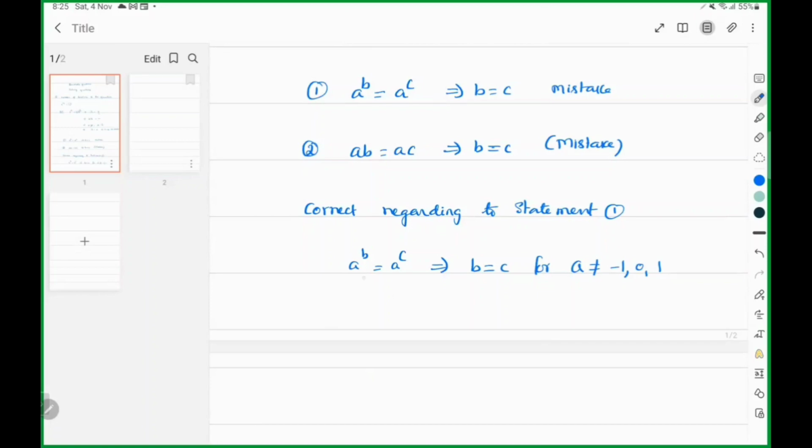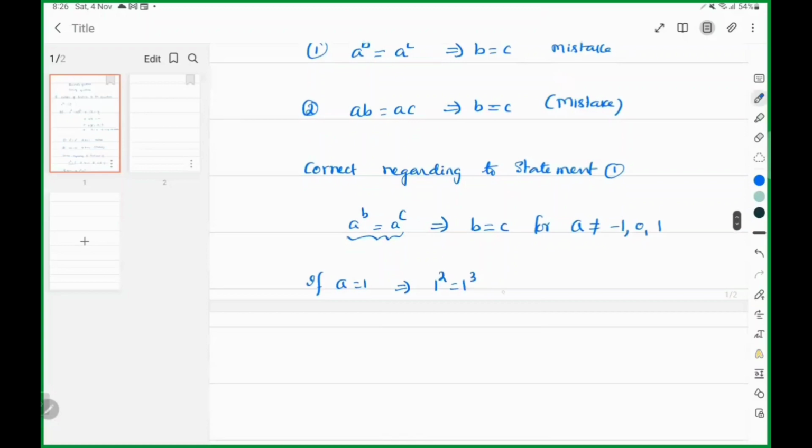What happens to this statement if A is 1? Like 1 squared equal to 1 cubed. So A power B equals A power C is satisfied, but B and C are different. 2 and 3 are not equal. So that is why 1 is an exception.